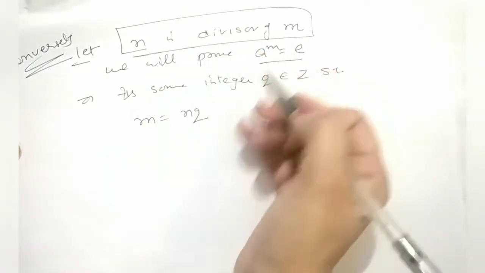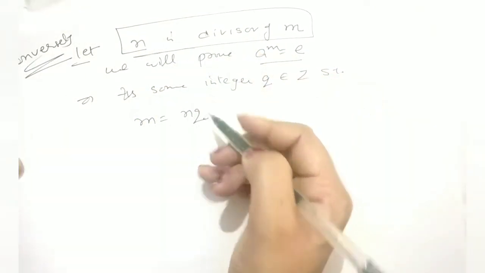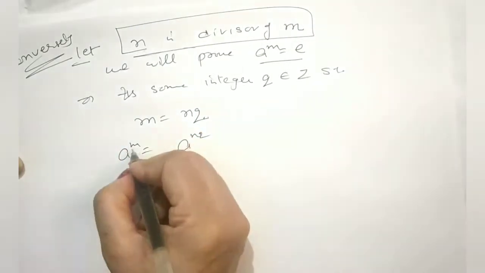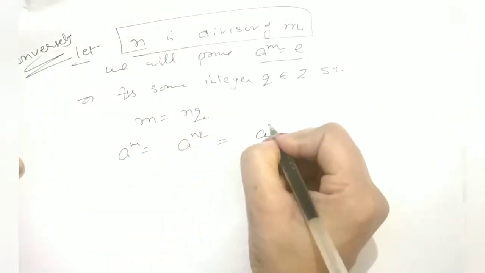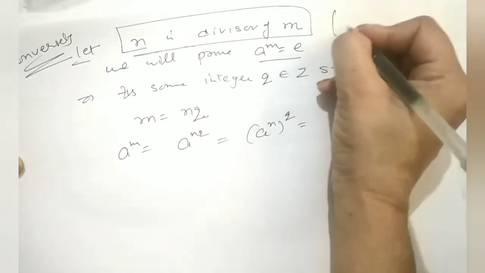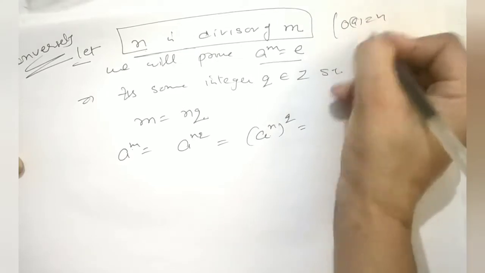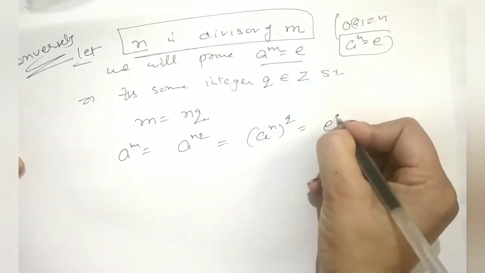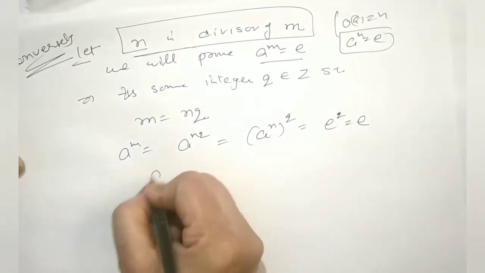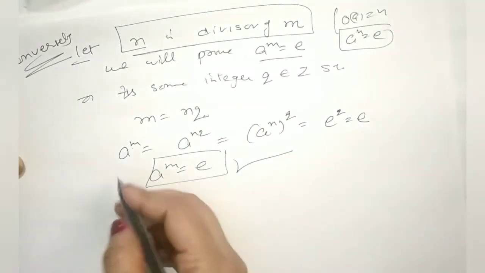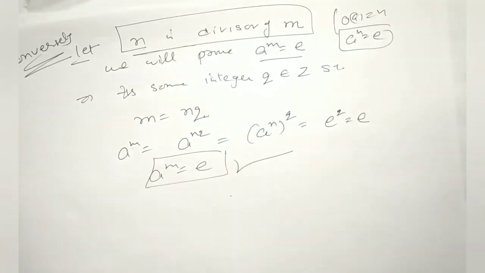Now a raised to power m is a raised to power nq, which is a raised to power n, raised to power q. Because the order of a is n, a raised to power n is identity. So this is e raised to power q, which is e. So a raised to power m is equal to e. So that proves the converse part as well.